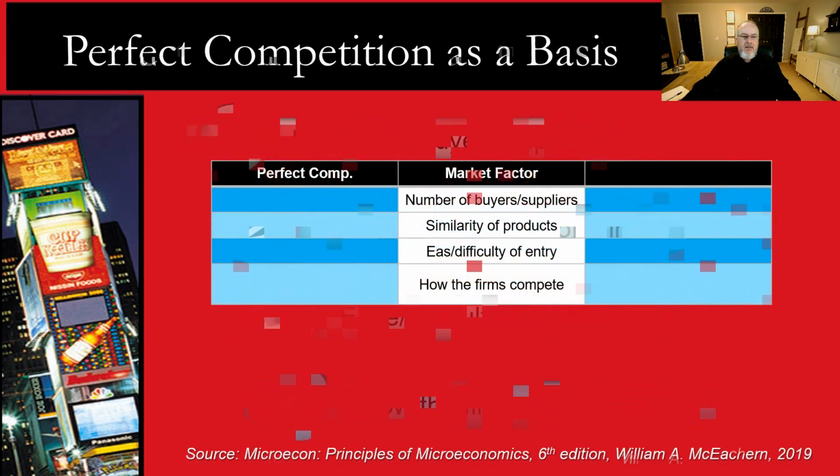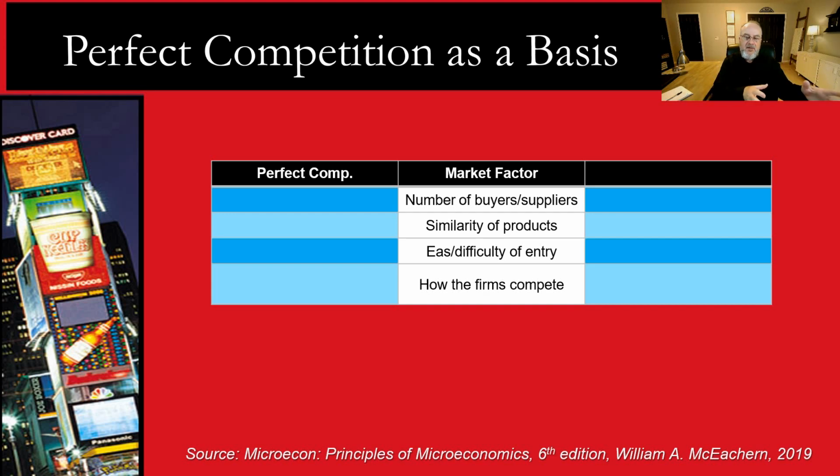So when we're thinking about monopolistic competition, we really have to go back to something that I haven't spent any time on and won't spend a whole lot of time on, something called perfect competition. Let's understand perfect competition relative to these four factors, and then that will help us understand monopolistic competition relative to these four factors. So in perfect competition, the number of buyers and suppliers is many.